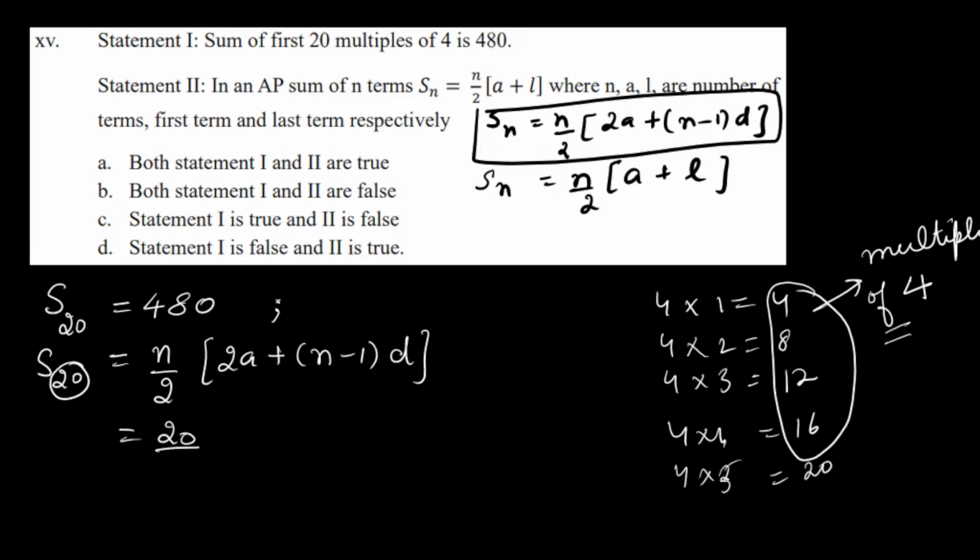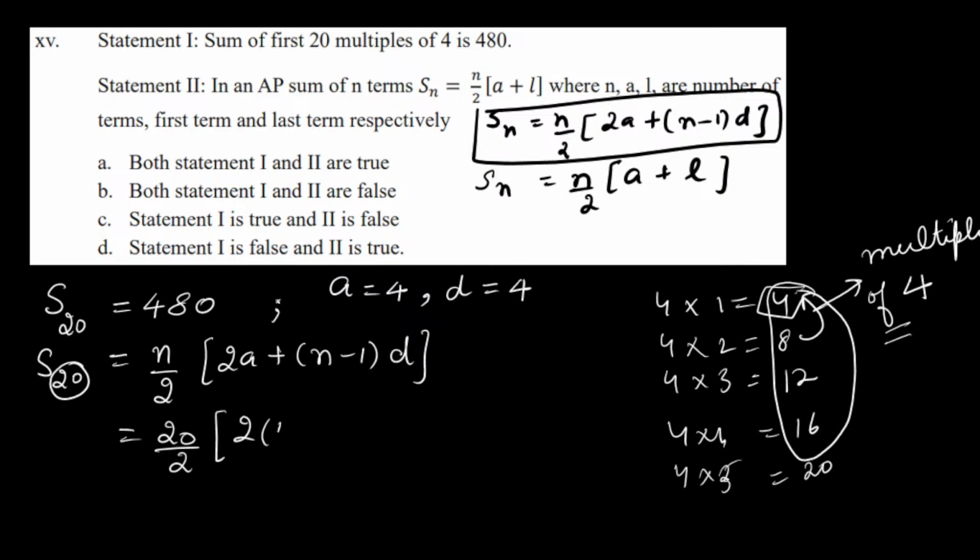So 20 by 2 into 2a, where a is the first term. The first multiple of 4 is 4, so a is equal to 4, and the difference is also 4.